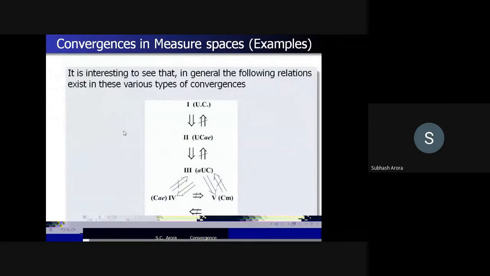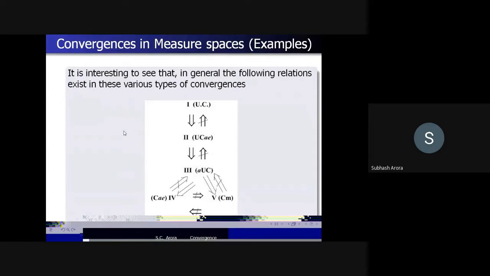Right. So with these definitions, as I mentioned earlier, it is interesting to see that in general the following relations exist among these various types of convergence. Uniform convergence implies uniform convergence almost everywhere, but is not implied by it. Uniform convergence almost everywhere implies almost uniform convergence, but is not implied by it.